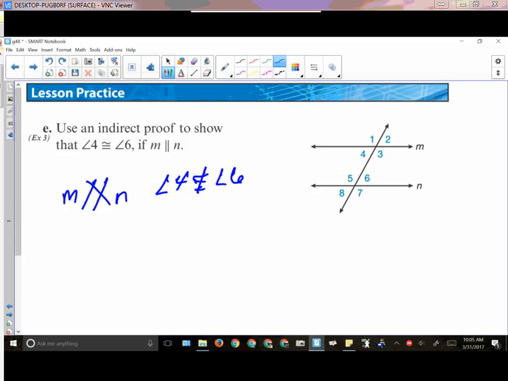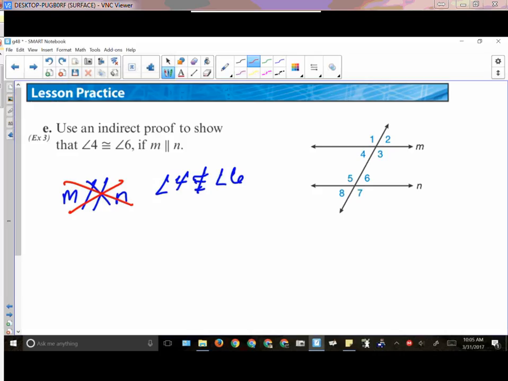Now remember, when they say this, that means that the conclusion is false, not the information that they give us. So by starting out that M was not parallel to N won't quite get us there. Okay. So it's a good way to start things off, maybe, to consider that option, but we don't want that.